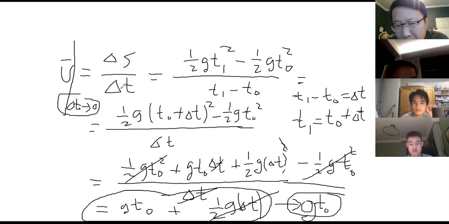It's around the time point you want to zoom in. In that case, you do this algebra, and the derivative calculation gives you a pretty straightforward result when delta t approaches 0. So you get v equals ds/dt. Got it?